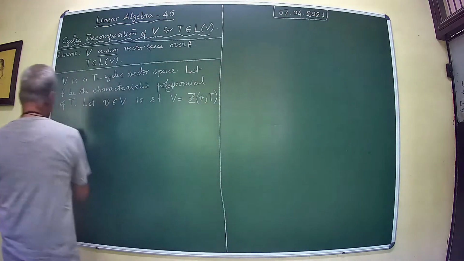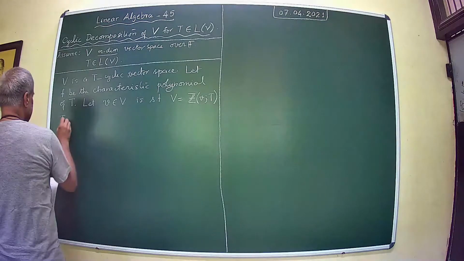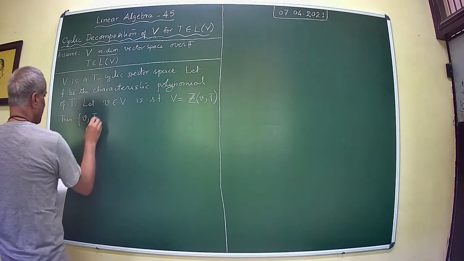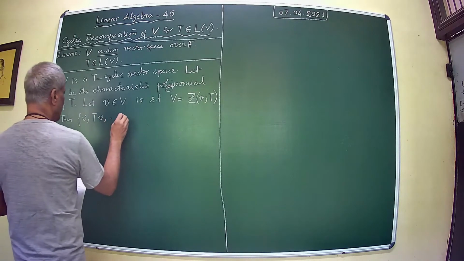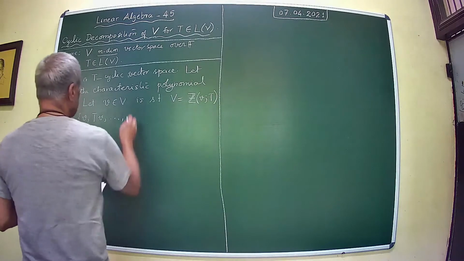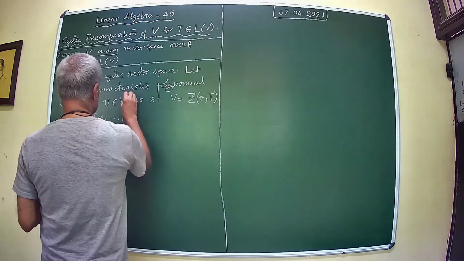Then what we have seen is that v was here very obvious.